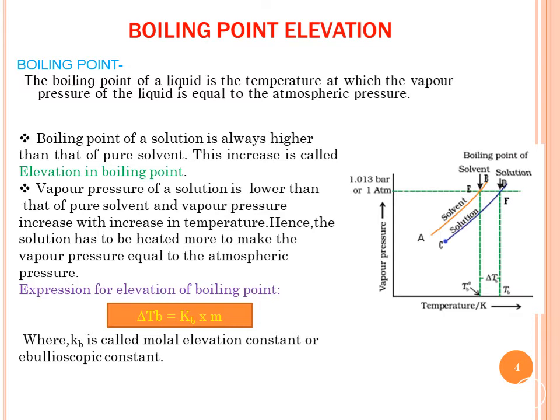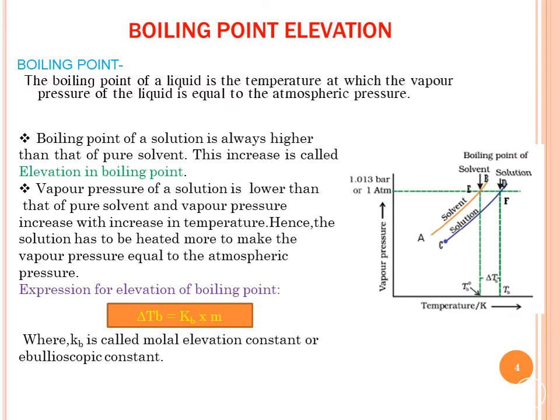In case of the solution, what happens? See, with increase in the temperature, the vapor pressure increases, but we know that the vapor pressure of the solution is lower than that of the solvent. It means we have to heat the solution more so that its vapor pressure becomes equal to the atmospheric pressure.